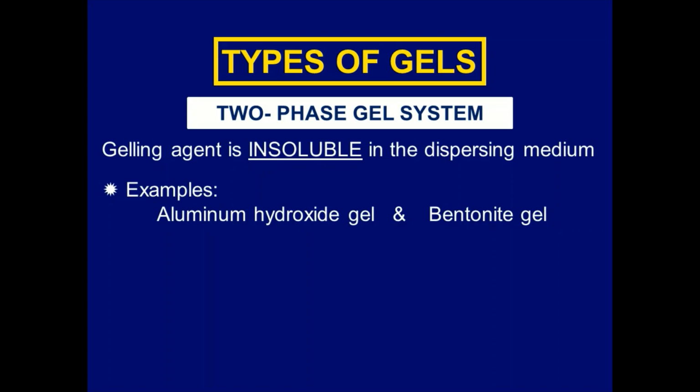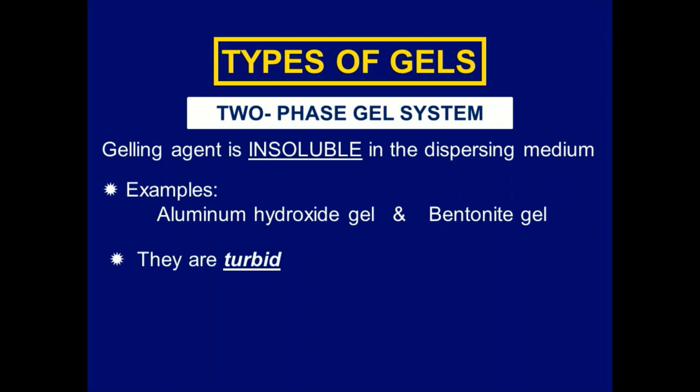The precipitate of aluminum hydroxide is a gelatinous precipitate, and this gel formed from aluminum hydroxide is two-phase because aluminum hydroxide is insoluble in water. So aluminum hydroxide gel and bentonite gel are examples of two-phase gel systems.